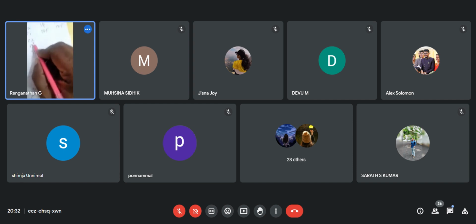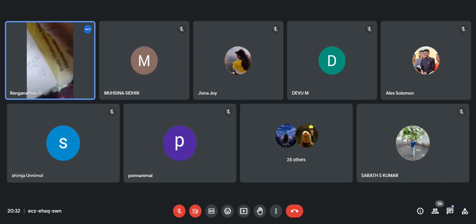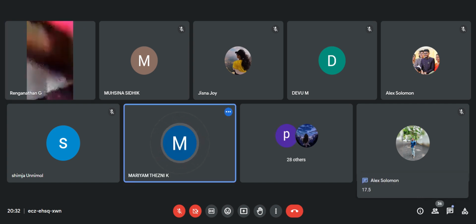Now the next one is 82, given the 19th rank, which is in R2. And the next, 90, provides the 20th rank. One second. 17 plus 18 means 35, isn't it? 35 by 2 is 17.5, right?